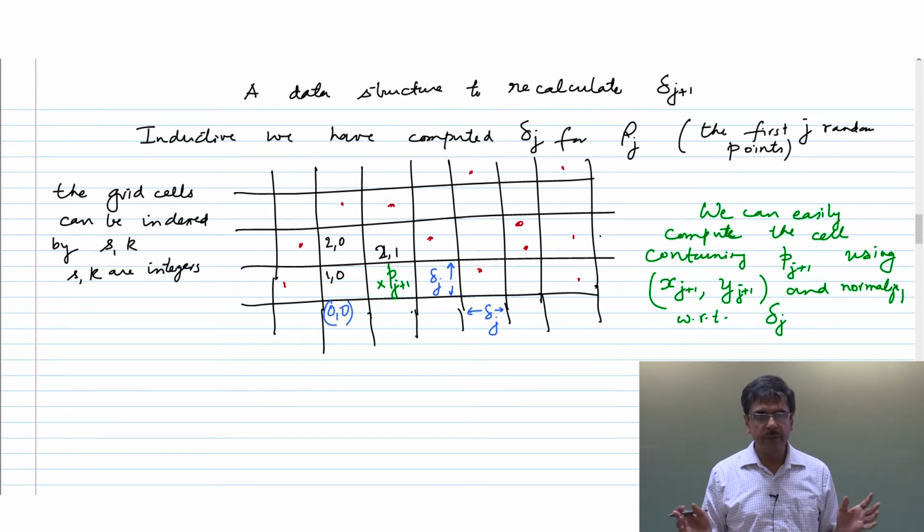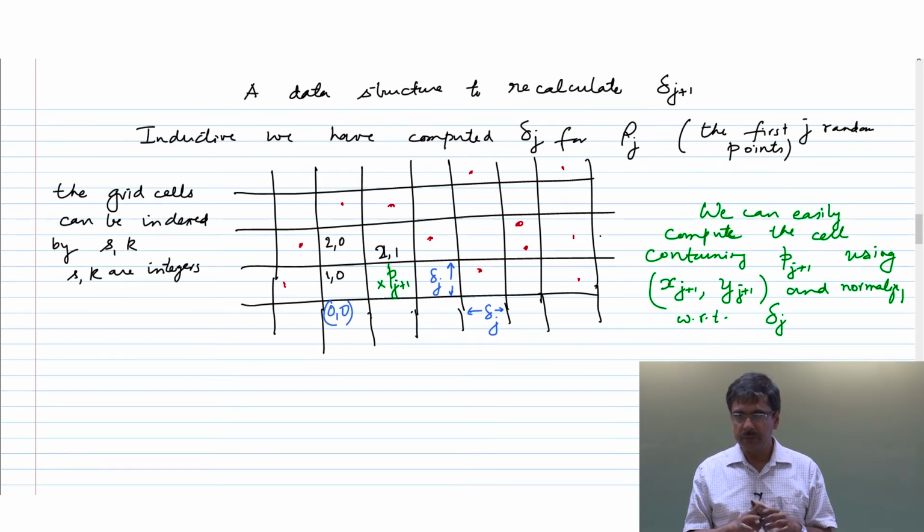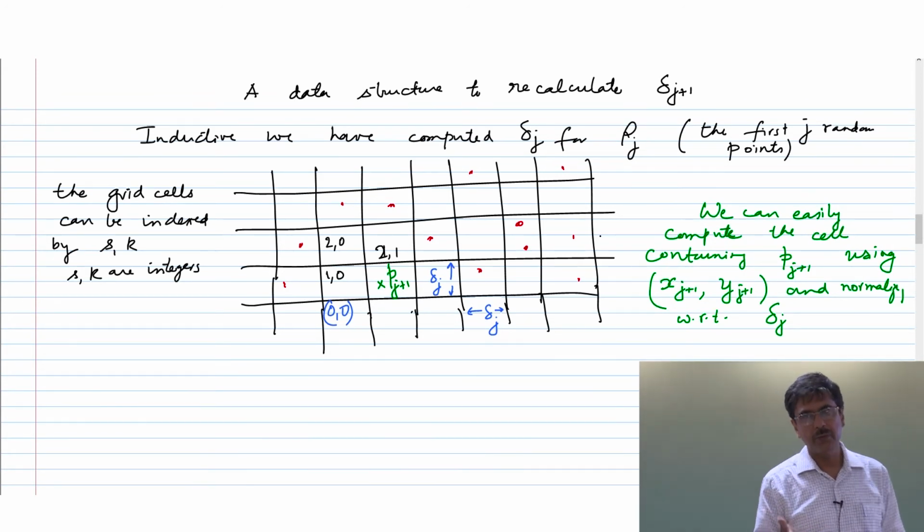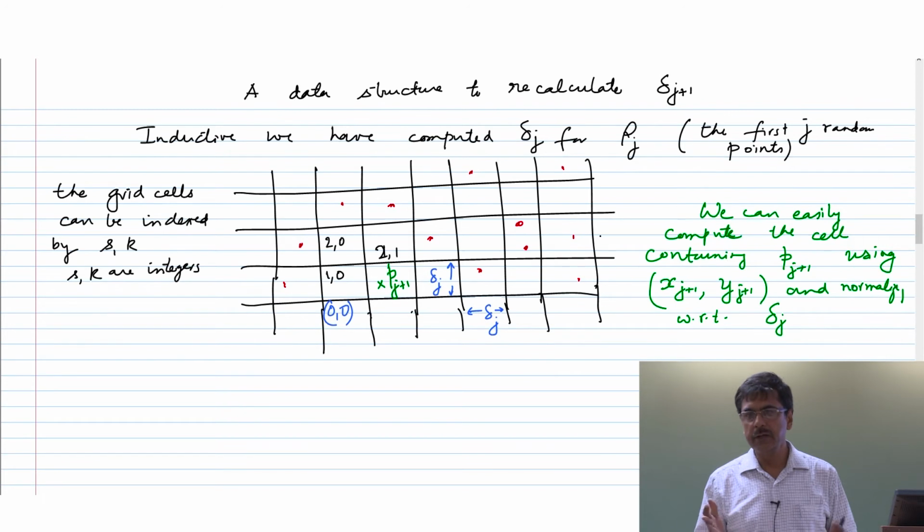There are infinitely many cells, so there are infinite numbers, but we are not going to store infinitely many grid cells. We will only store the ones that contain some points. There can be at most j grid cells that contain points, because there are j points. The empty cells we will not even store. So in some data structure, we will only keep track of the non-empty cells.